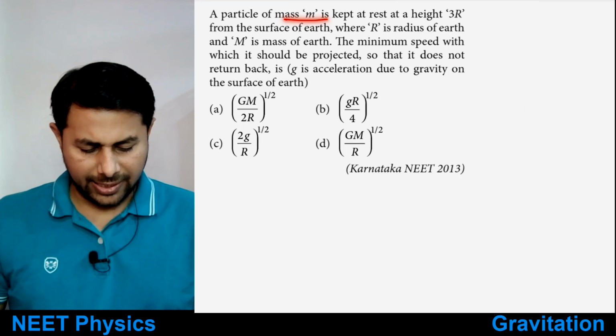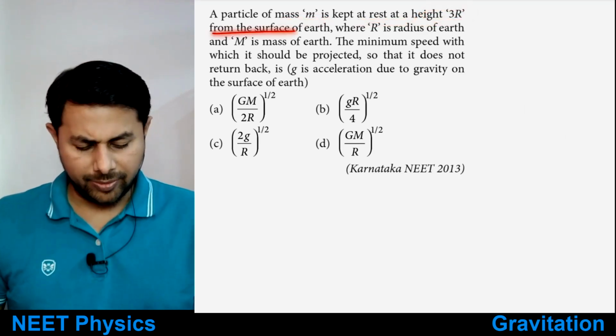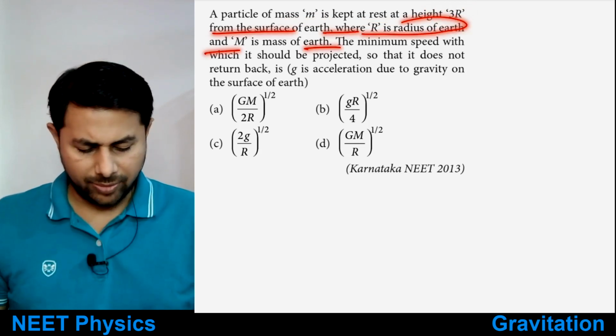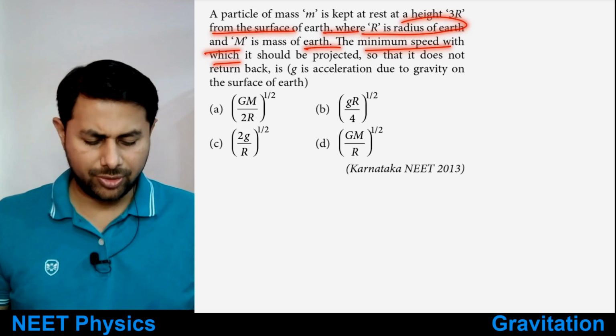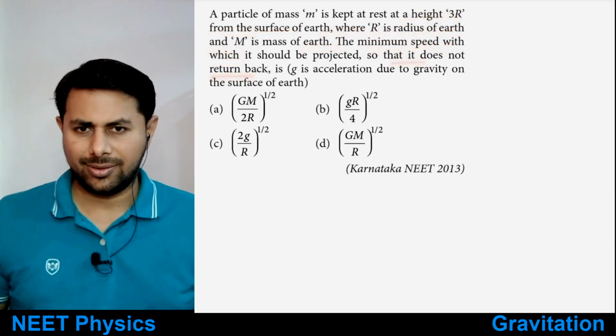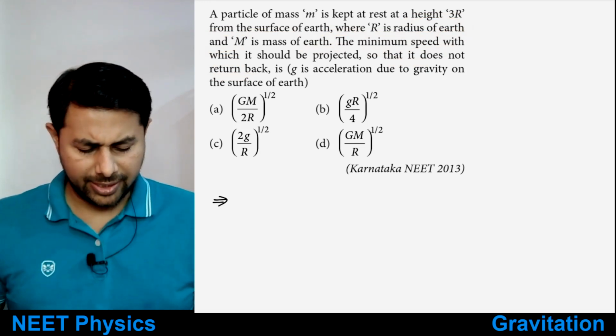A particle of mass m is kept at rest at height 3r from the surface of Earth, where r is the radius of Earth and m is the mass of Earth. The minimum speed with which it should be projected so that it does not return back. Okay, it does not return back. That means we just want its escape speed.